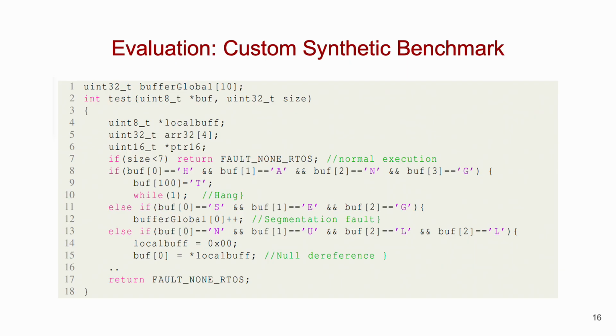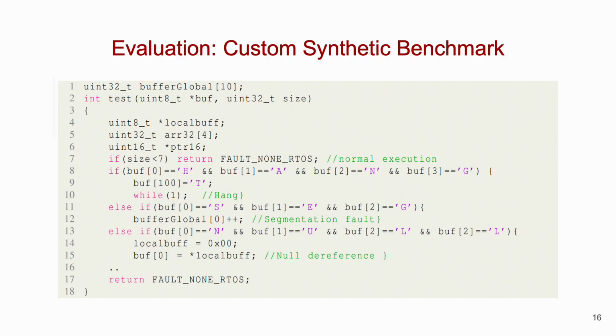So if the input string matches one of these conditional keywords, the program execution will go inside this conditional. Inside each conditional is a different type of buggy code. For example, a never-ending while loop, hang, segmentation fault, or a null dereference.